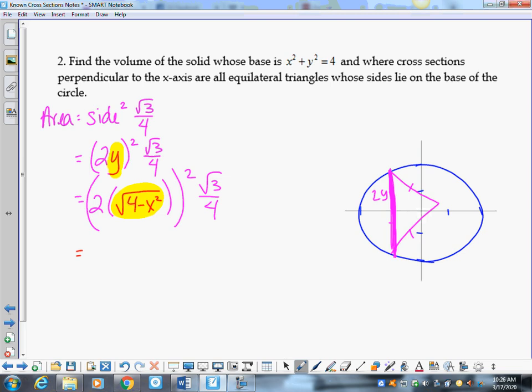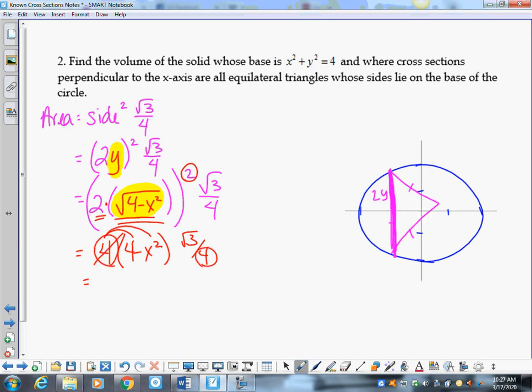So now I'm going to square this and this. And I don't have to use the lobster method because these two things are being multiplied to each other. So that would be 4 times 4 minus x squared times root 3 over 4, which would be, well, you could either distribute this 4, or you could see that this 4 and this 4 can cancel.